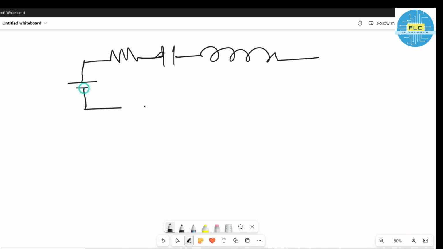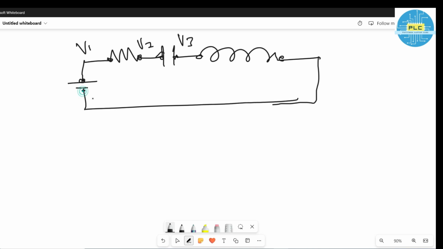Okay, here what will be the voltage? From here to here it's V1, from here to here it's V2, here to here it's V3, and here to here is V4.